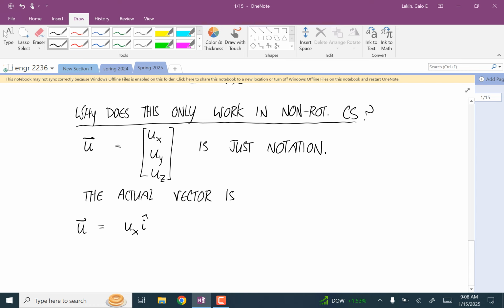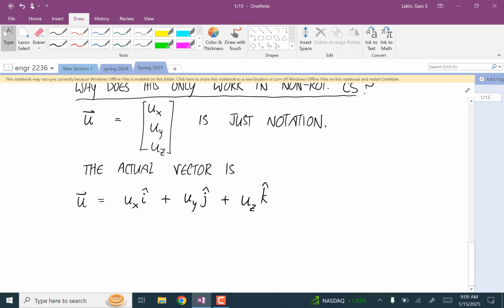Plus the y component times a unit vector in the direction of the y-axis, plus the z component times a unit vector in the direction of the z-axis. Okay?